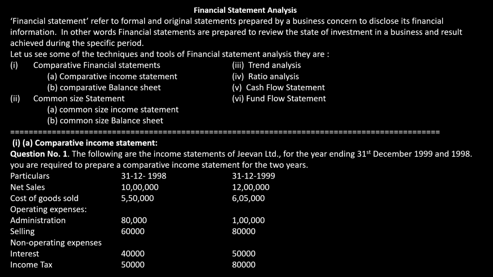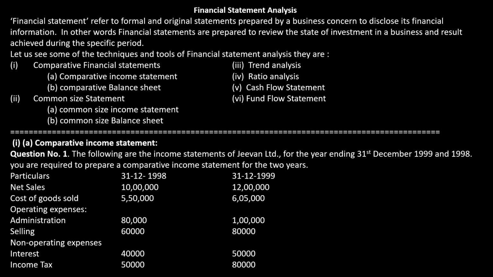I'll read the question out first. The following are the income statements of G1 Limited for the years ending 31st December 1999 and 1998. You are required to prepare a comparative income statement for the 2 years. Here, net sales is given, cost of goods sold is given, and operating expenses.